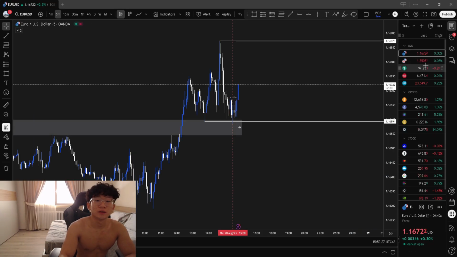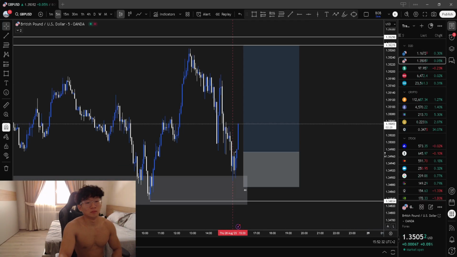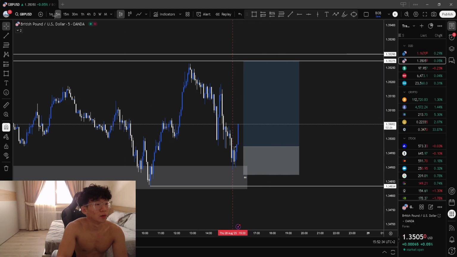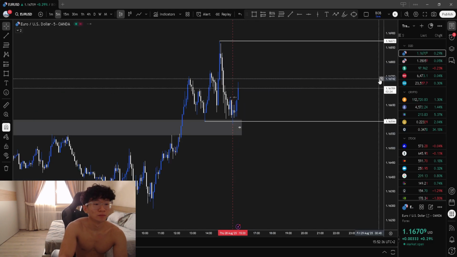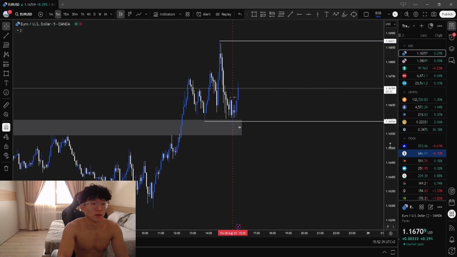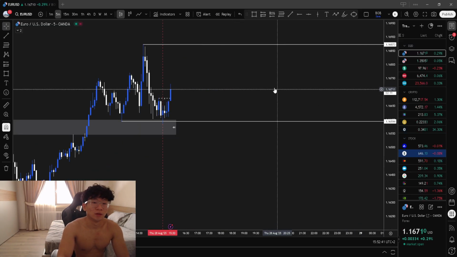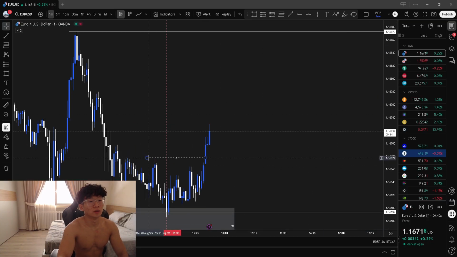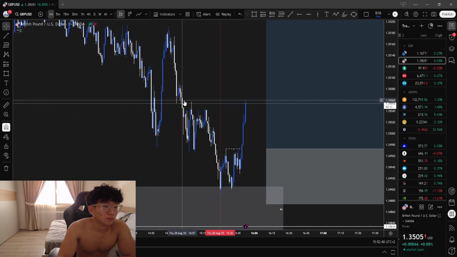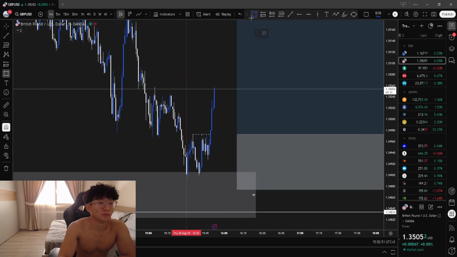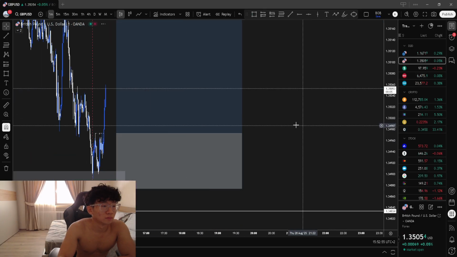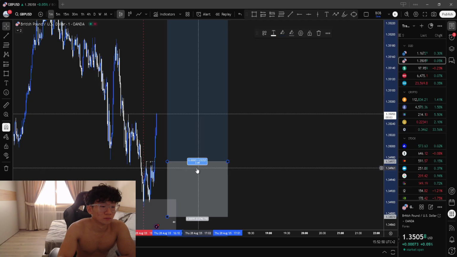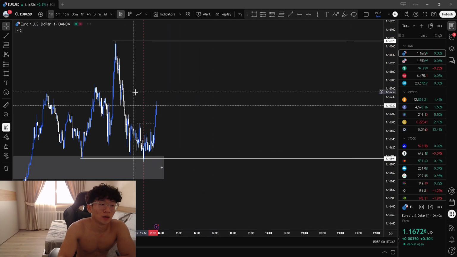Damn, price is flying without us. But I'm pretty sure we will have our retest. And if we don't, then we are done for the day and we just walk away. Sooner or later it will have to come back.